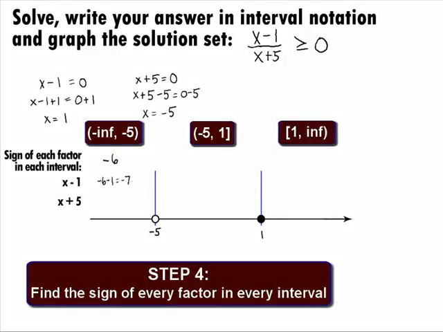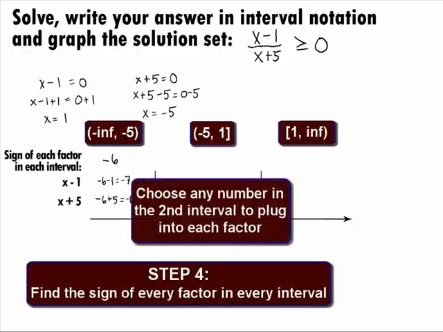Plugging negative 6 into the numerator's factor, we get negative 6 minus 1 equals negative 7. Since we got a negative number, the sign of that factor in that interval is negative. Now let's plug negative 6 into our denominator's factor. This will give us negative 6 plus 5 equals negative 1. So it looks like we have another negative factor in that interval.